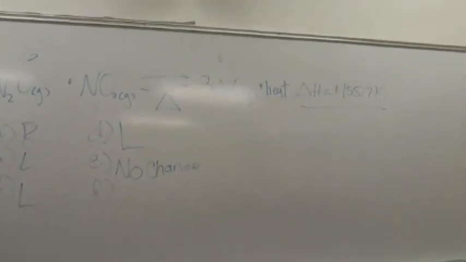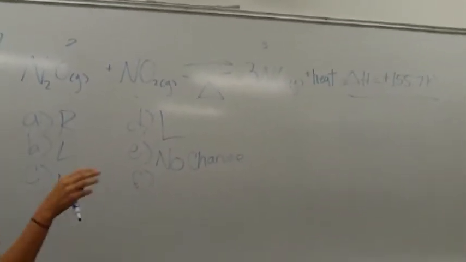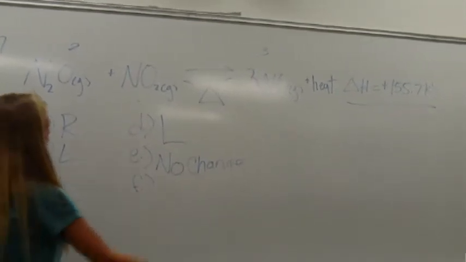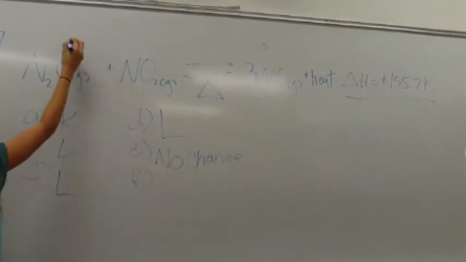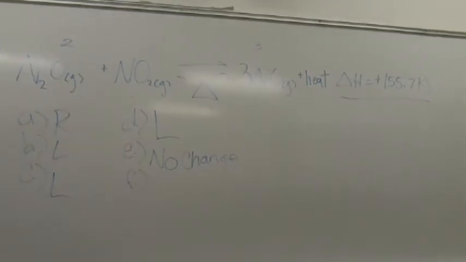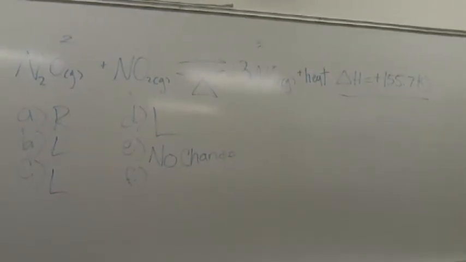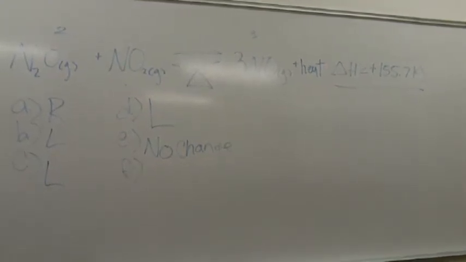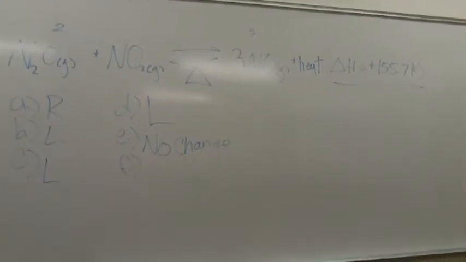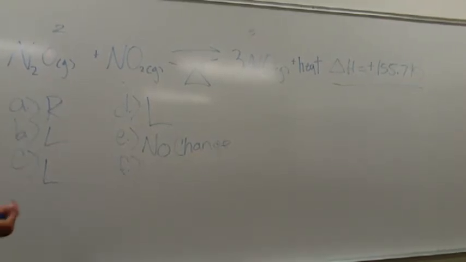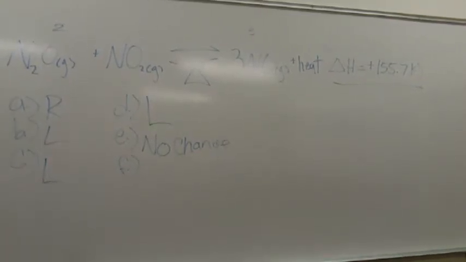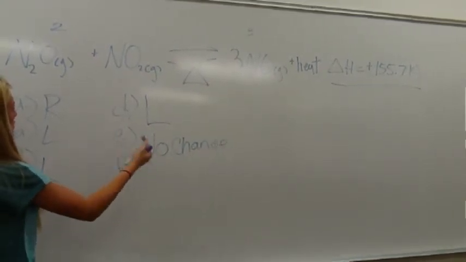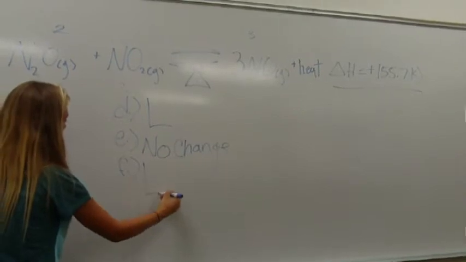So if we're decreasing the volume, it's getting smaller, and it's going to want to go towards the side that has fewer moles of gas, purely because then it has more room. 3 moles of gas compared to 2. If you're getting a smaller place, you want only 2 people in it instead of 3. I don't know, that's how I'm going to explain it. So it's going to be going over here. That's to the left.